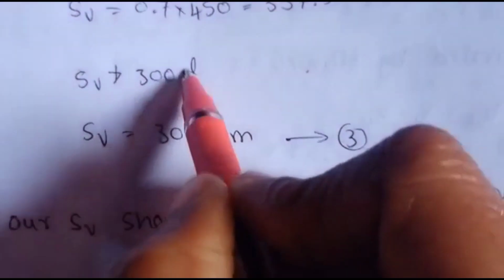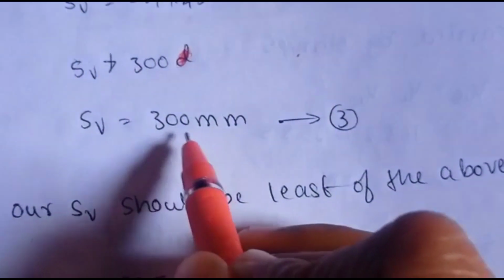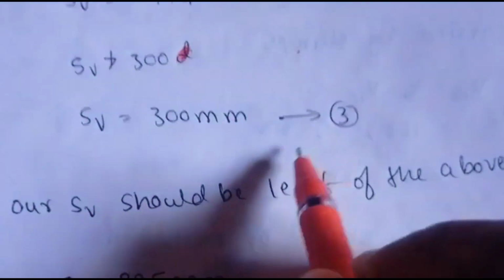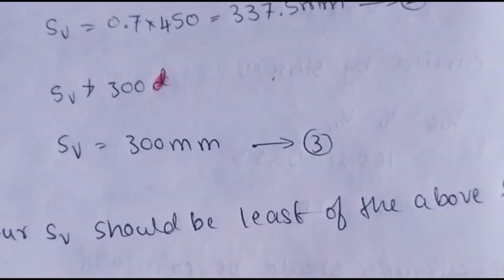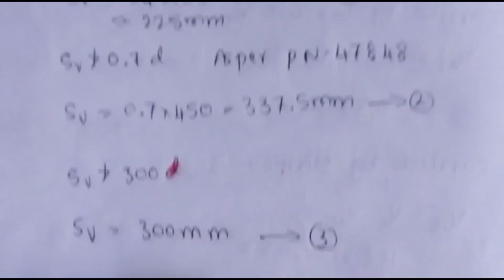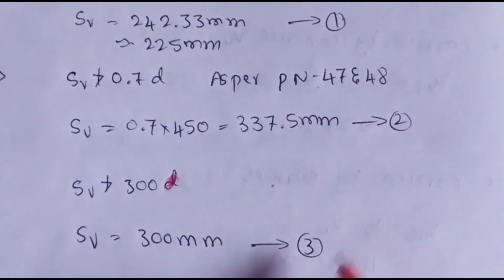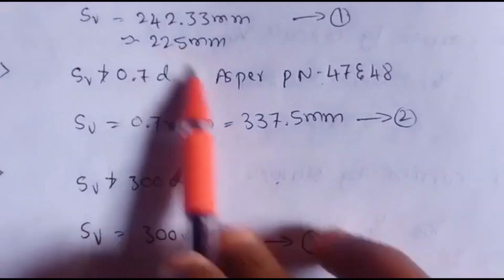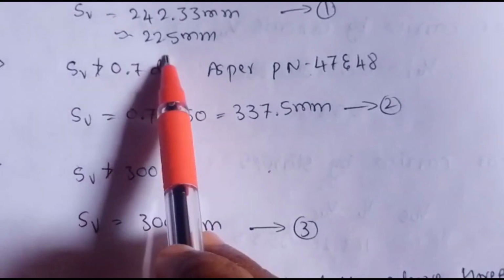So our Sv is equal to 300 mm. They have also mentioned that our Sv value should be the least of these three cases, number 1, 2, 3. Here, 225 mm is the least value.